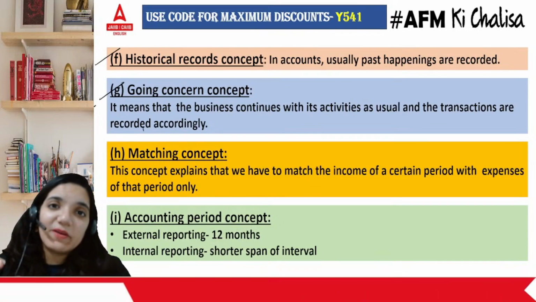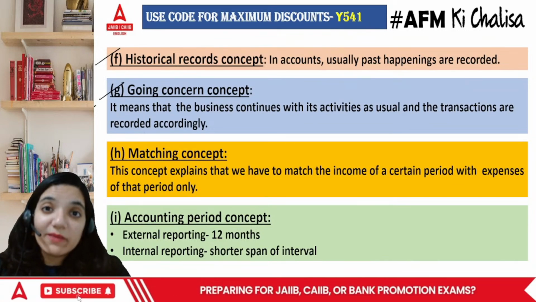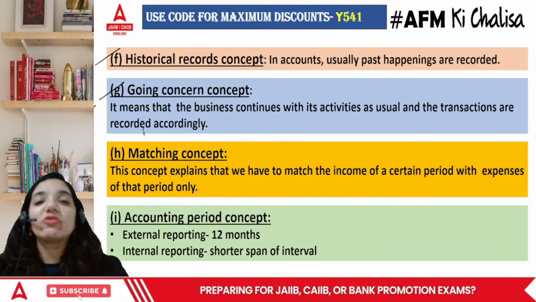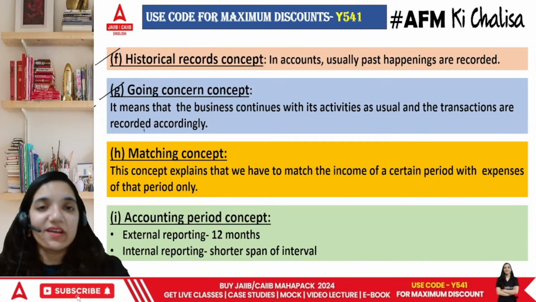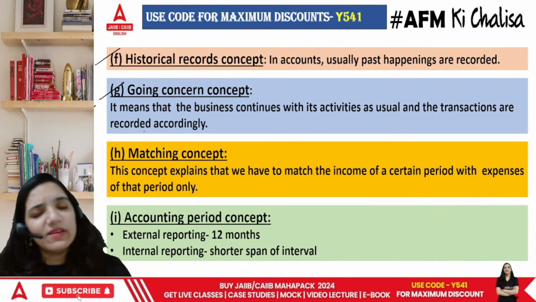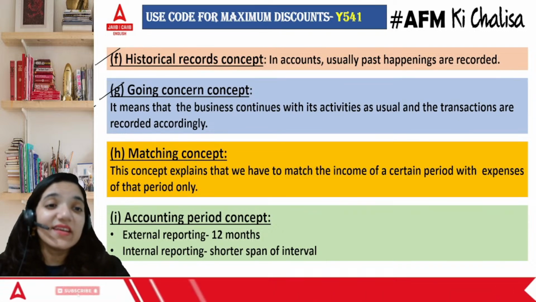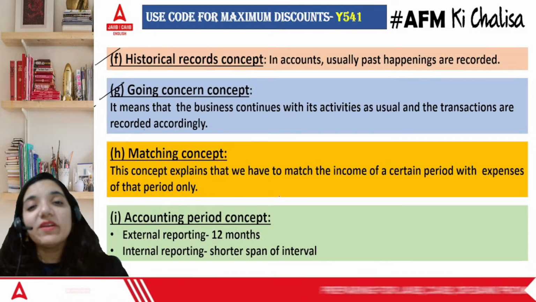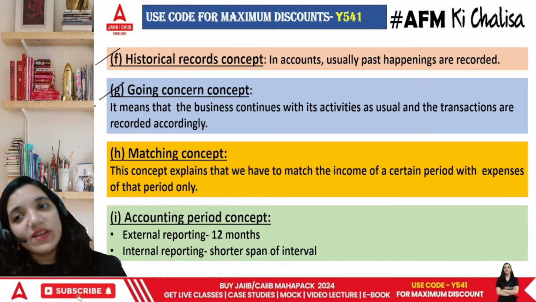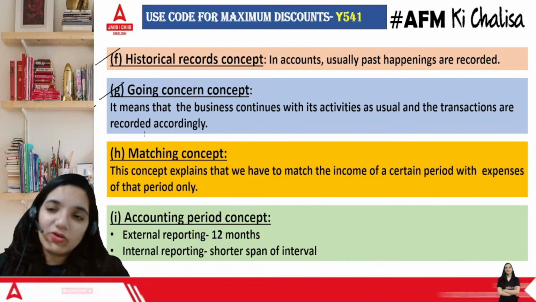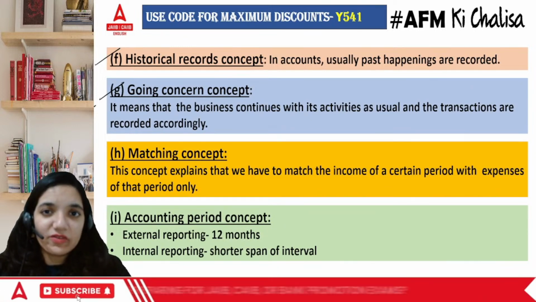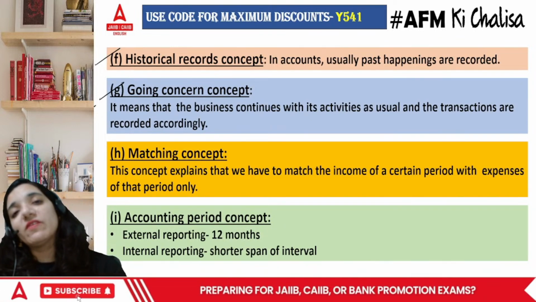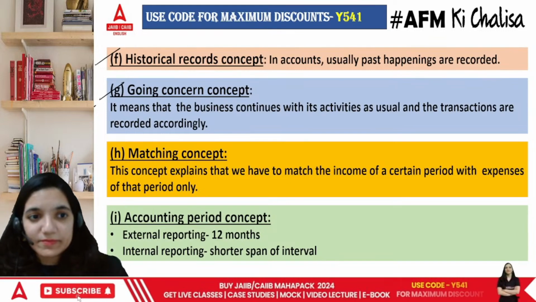That is why if I buy a car, I am strongly believing that my business is going to outlive the life of this car. If the car is going to last for 10 years, I'm going to have more than 10 years in this case. That is going concern concept. It means that a business continues with its activities as usual and transactions are recorded accordingly. By the end, that is 31st of March, I am ready to have from 1st of April a new thing going to start up.